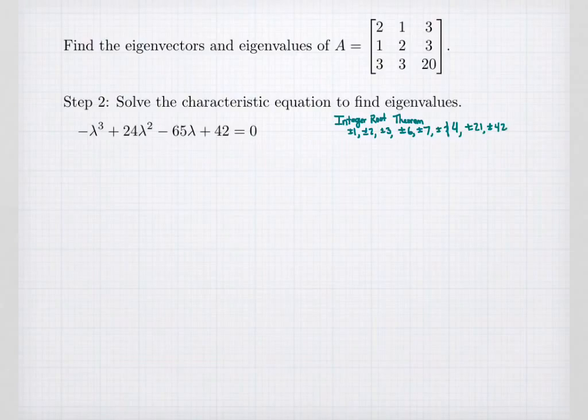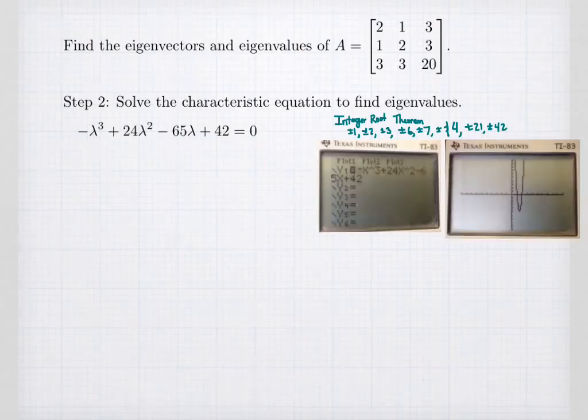One way that I could do this, if I have a graphing calculator, and you're not going to have a calculator on a test, but for practice problems you can actually look at a graph. So I plug this polynomial into my calculator.